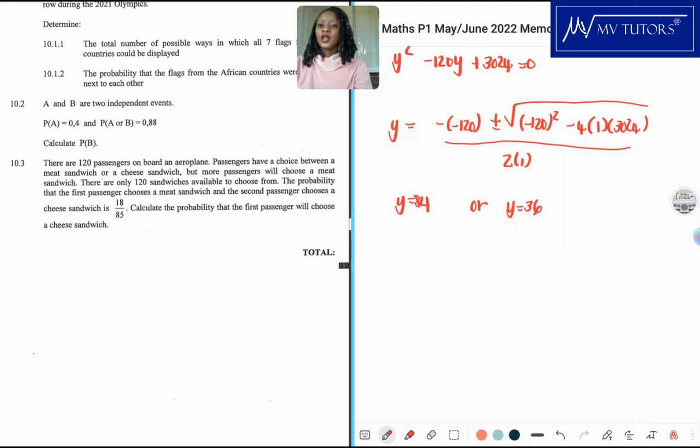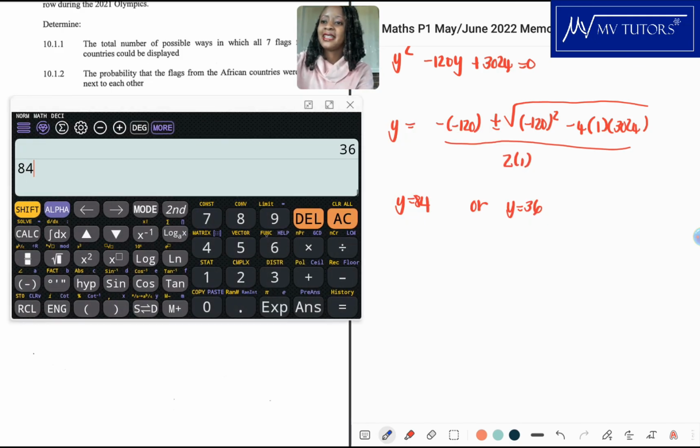Okay, so my cheese sandwiches. They told us that a lot of passengers are definitely going to go with the meat. In that case, I don't know if you realize, but if you add 84 and 36, we actually get 120.